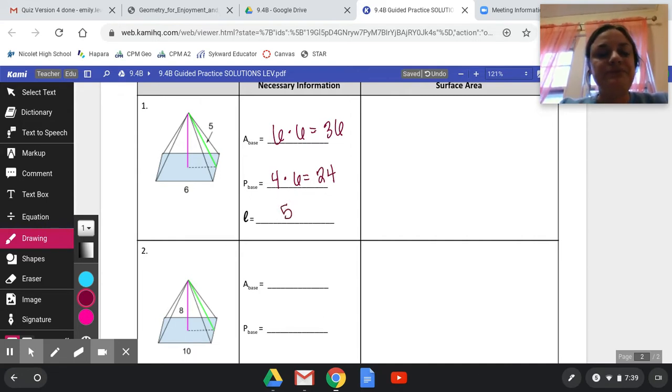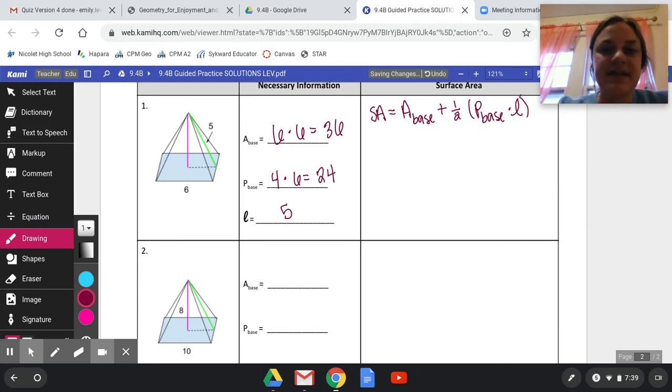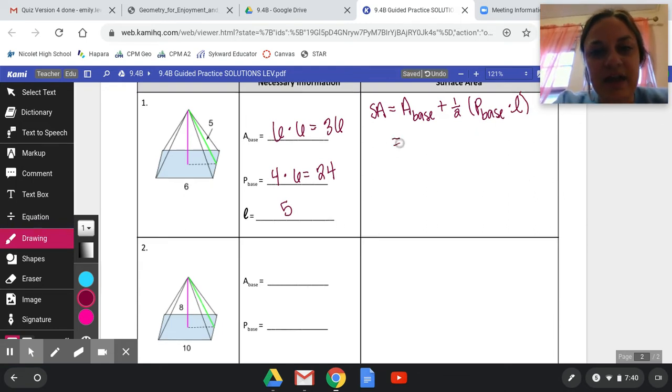Okay, so to find the surface area of a pyramid with a square base, you take the area of the base, we only have one of them, plus 1/2 times the perimeter of the base times your slant height. I've got all that information on the side, okay? So here I'm just filling in.